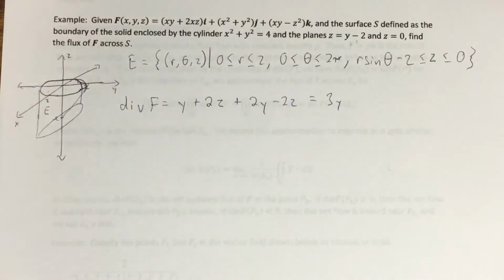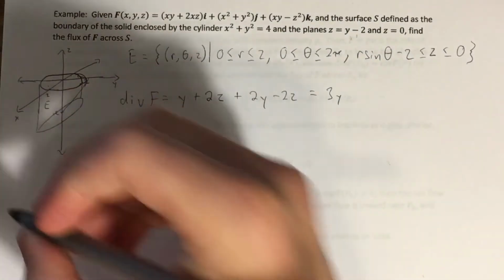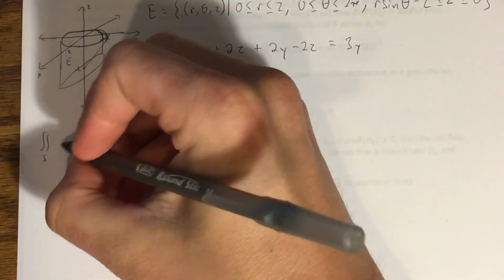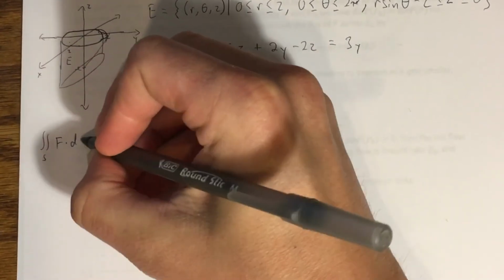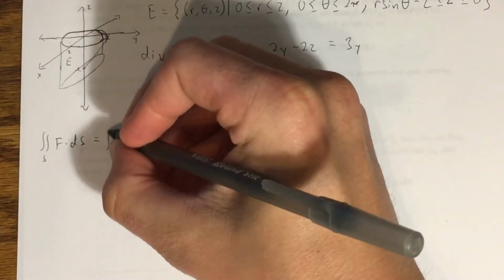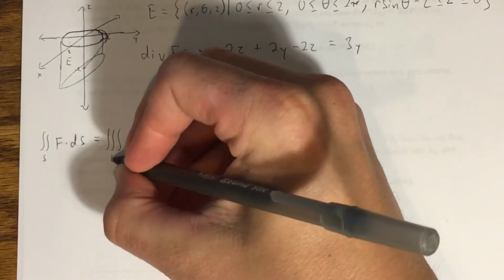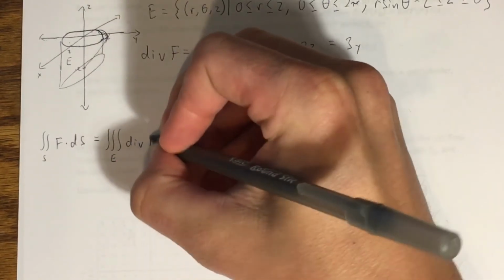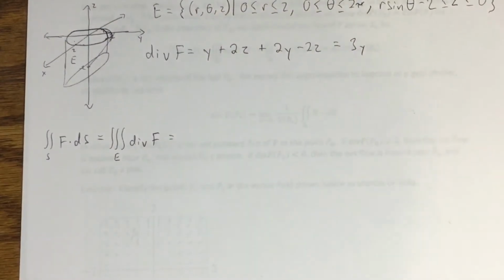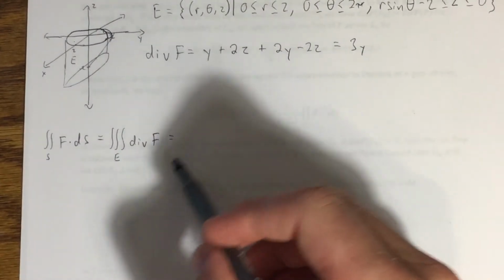So now let's use the divergence theorem to evaluate this flux. What I'm looking for is the flux of F across S, which is what this surface integral is. By the divergence theorem, that's equal to the triple integral over E of the divergence of F. Okay. Now I'm going to write this out explicitly.